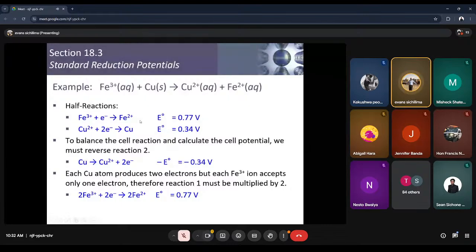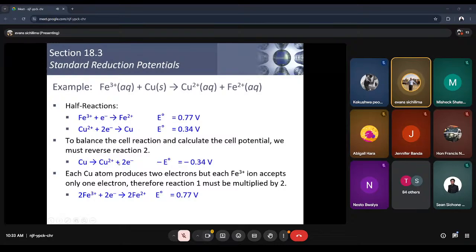But in this particular case, copper was actually losing electrons to iron. So this is the correct equation. So this is a standard, and 0.34 volts is generated. But in our case, copper was actually losing electrons.